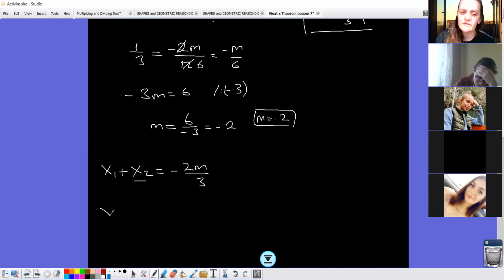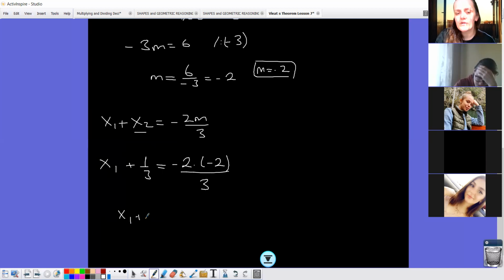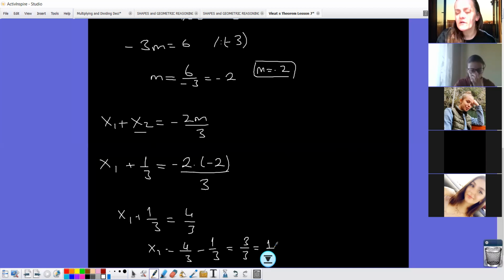I will find x1. x1 plus 1 over 3 is equal to minus 2 times minus 2 over 3, which is 4 over 3. Now x1 will be 4 over 3 minus 1 over 3, which is 3 over 3, which is 1. Is it okay? Okay.